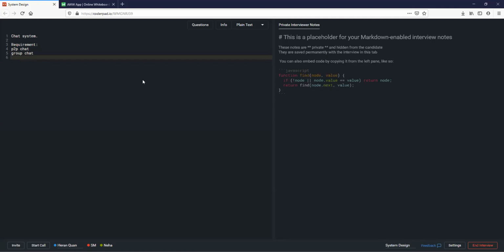And the volume of this system. How many active users? We don't have the number of active users. We can see how many users other systems have. Let me take a look.